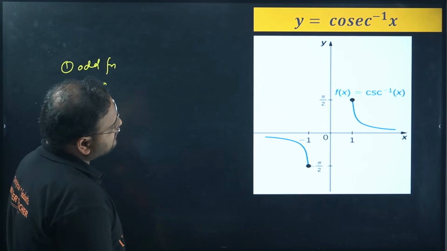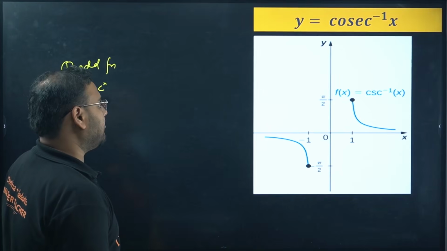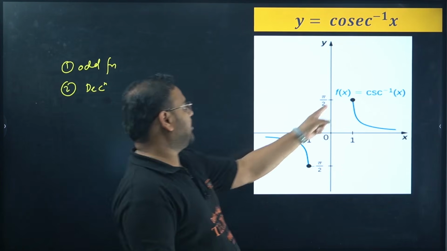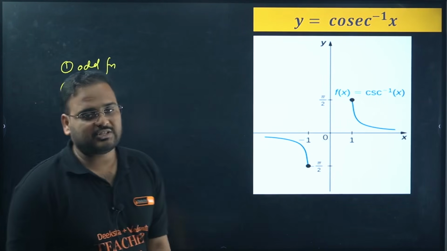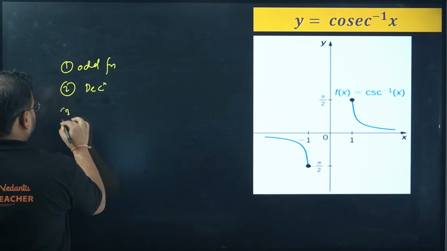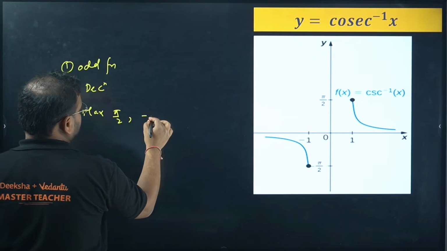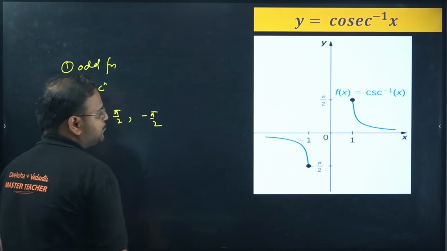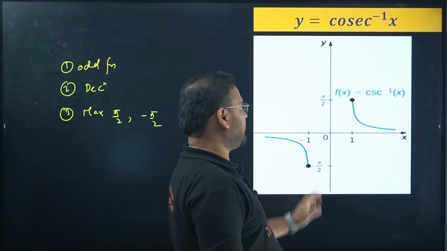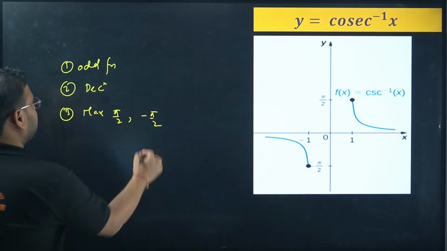What else? Yeah, maxima will be pi by 2, minima will be minus pi by 2. Max over here, minimum over here.